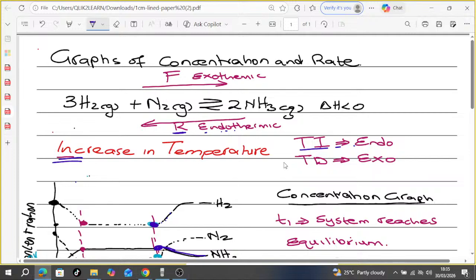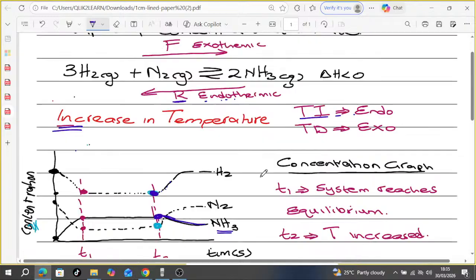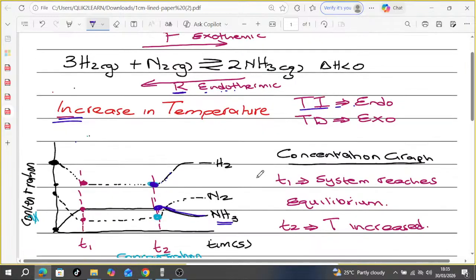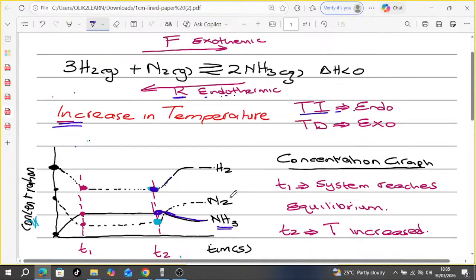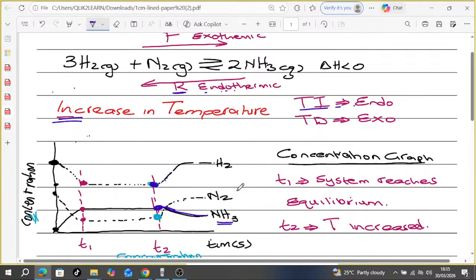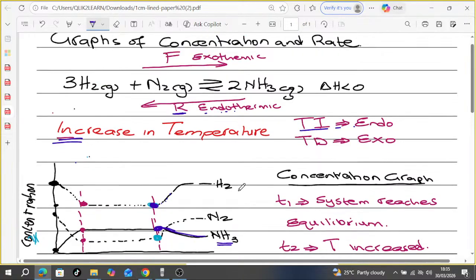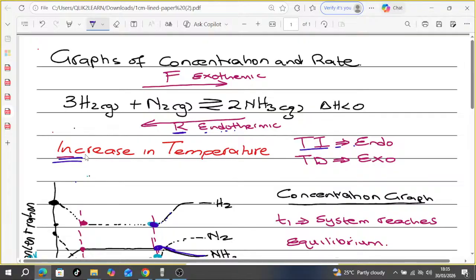Now you understand how to answer this in an exam. They might say, explain the change at T2, whether the temperature increased or decreased. Then you check: at T2, my H2 and N2 increased. Which reaction will increase the reactants? The reverse. And the reverse favors endothermic. This tells us that the temperature was increased.